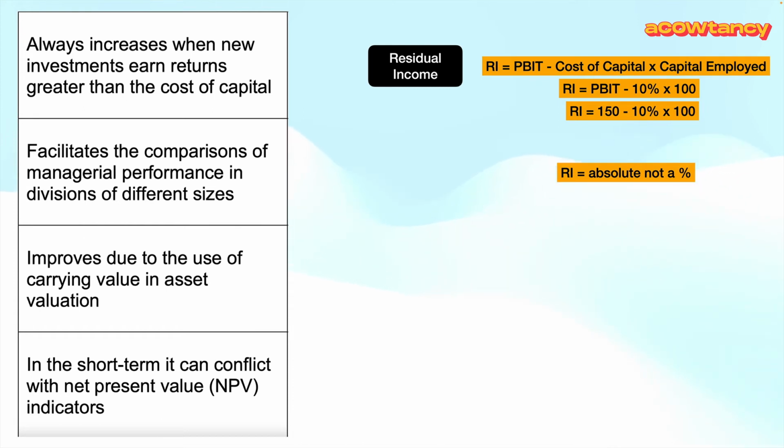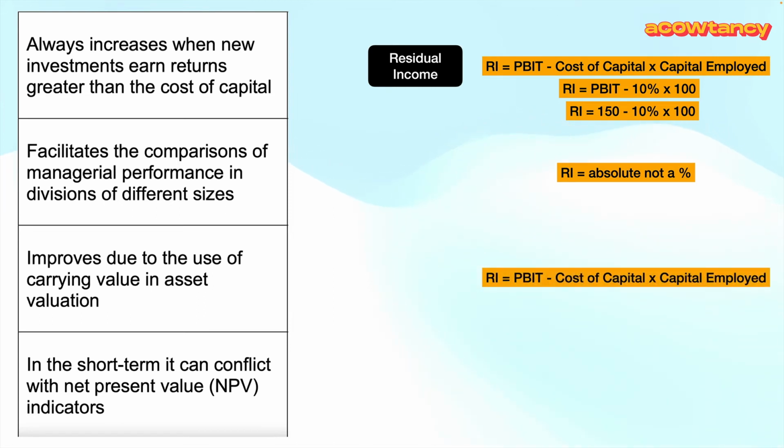Now, does it improve the more due to the use of carrying value in asset valuation? What that means is carrying value just gets lower and lower because of depreciation. In my residual income, it's what profits I get minus cost of capital times capital employed.